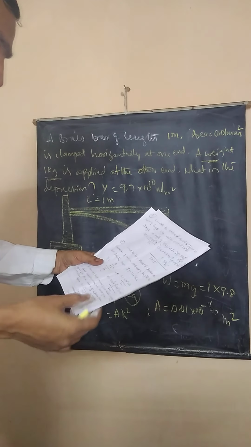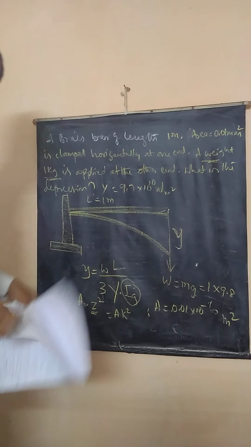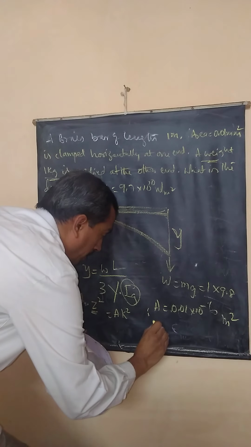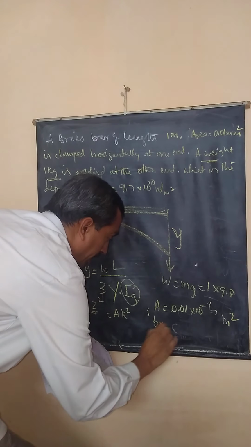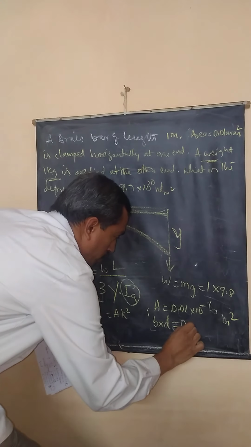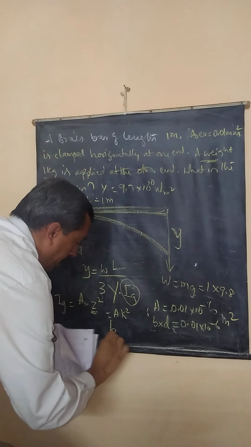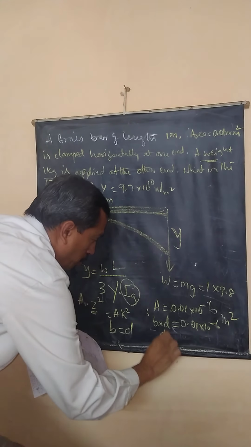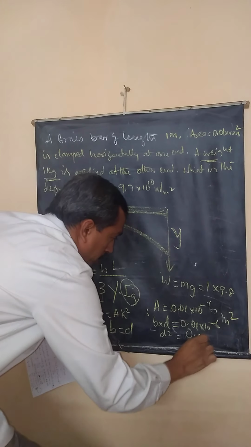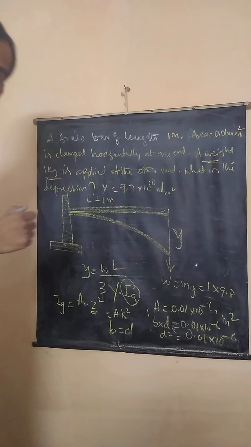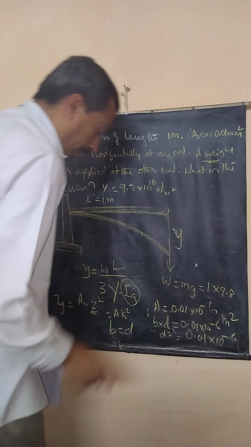Now you need K. Assume this to be a rectangle. For rectangle, we know area is B into D, so into 10 power minus 6. Assume B is equal to D. So D square is equal to 0.01 into 10 power minus 6. Correct? Assume length and breadth and thickness of this beam are equal. So you got D square.